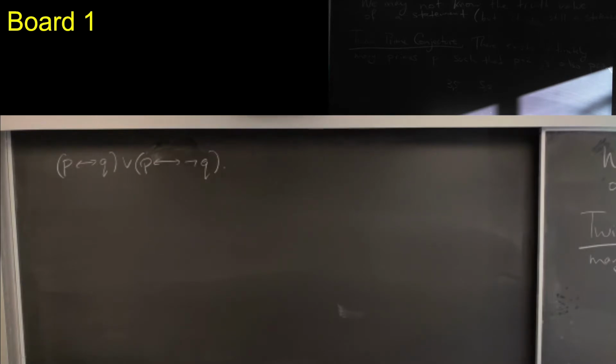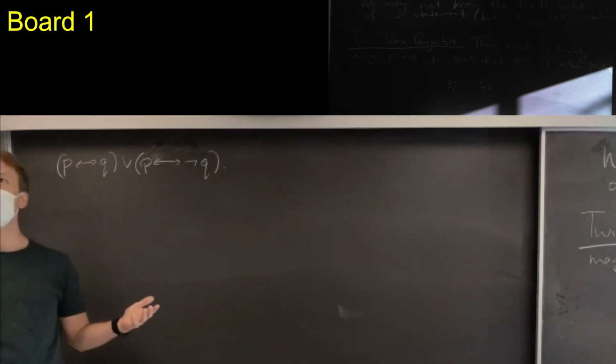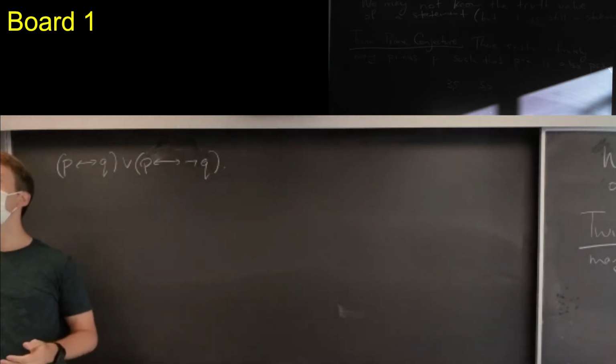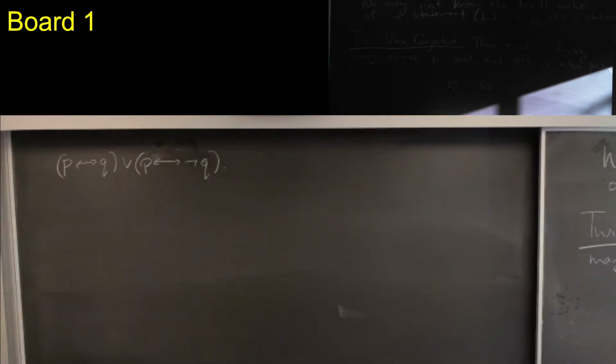Does anyone have a suggestion for where I should start? What method I should apply here? Yeah, I haven't given you any other methods, so we better do a truth table. That's a good idea.